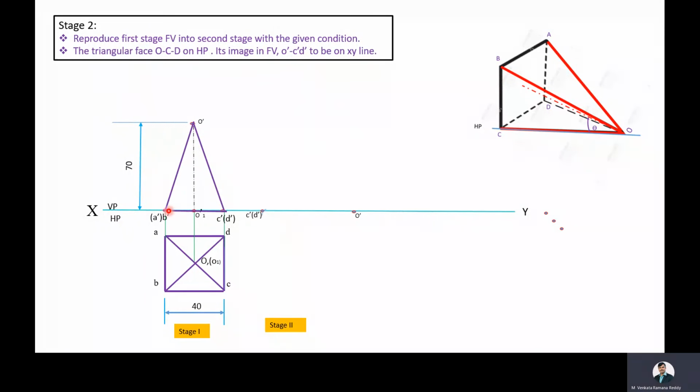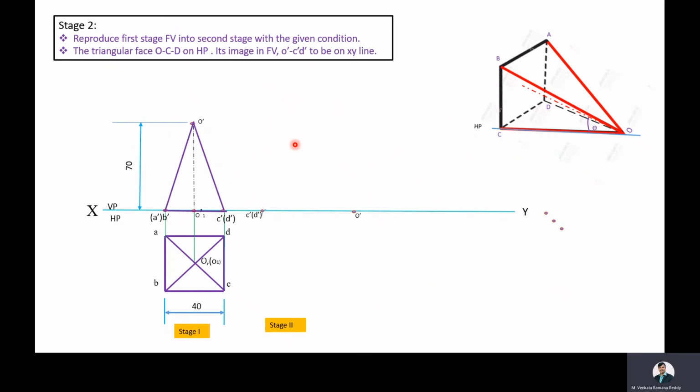Then we need to locate point A dash in the second stage. For that, take O dash A dash as a radius with compass, O dash as a center, and draw an arc. In order to cut that arc, take C dash A dash as a radius, C dash as a center with compass, and cut the already drawn arc.